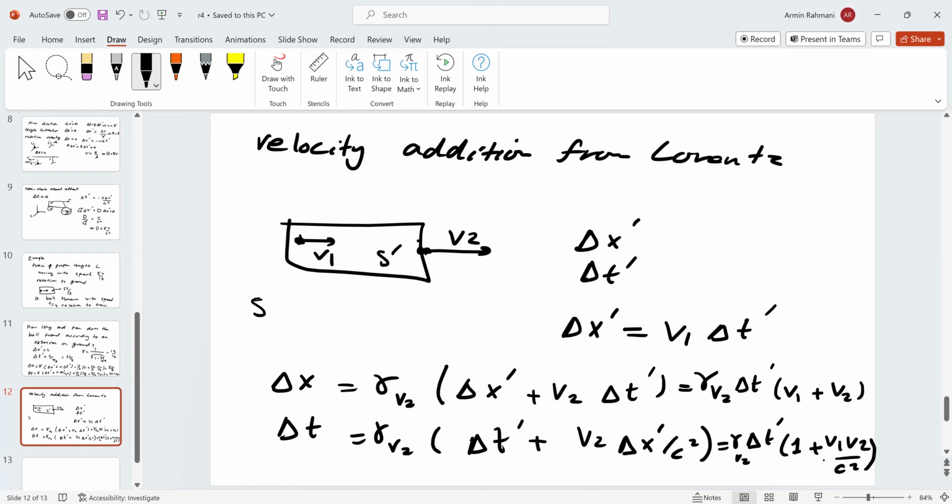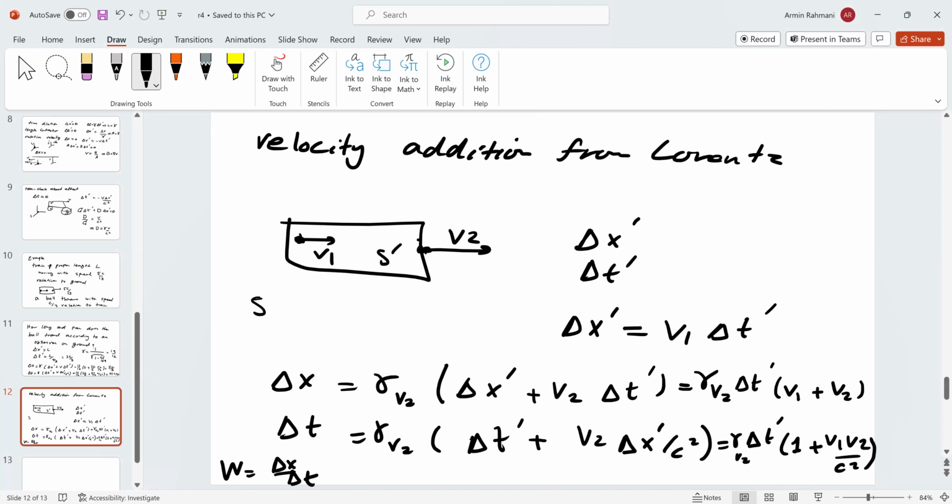And now the velocity in frame S, let's call it W, is going to be just delta X over delta T, right? How much displacement I have over what time interval. So we see all the gammas and delta T primes just cancel out when I take the ratio.